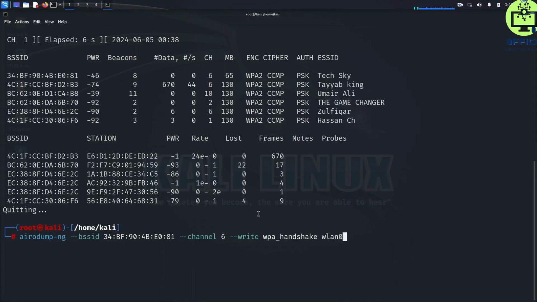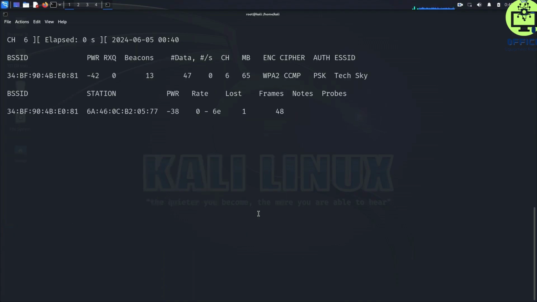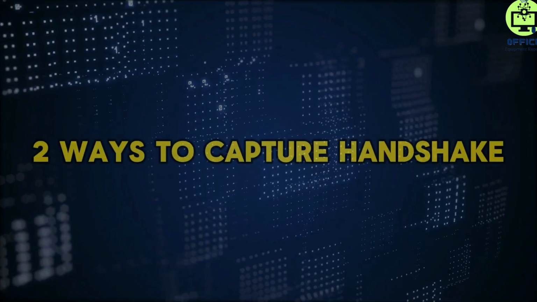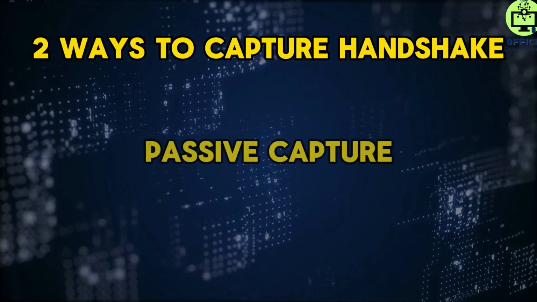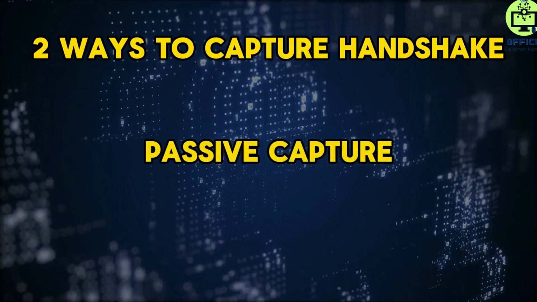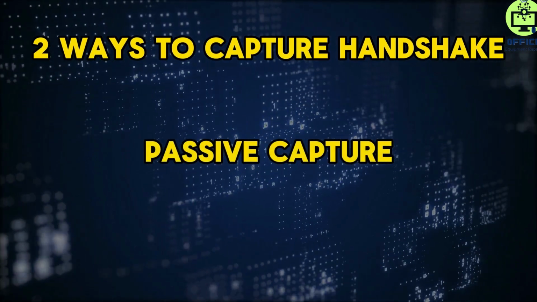Once you run this command, airodump-ng will start capturing packets from the target network, displaying both the network details and any connected clients. To capture the handshake, we have two options. Passive capture. Simply wait for a device to connect to the network.